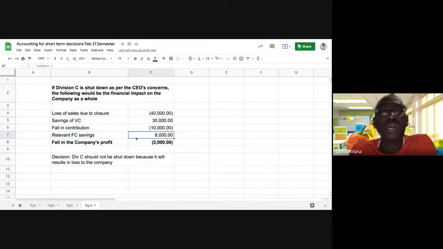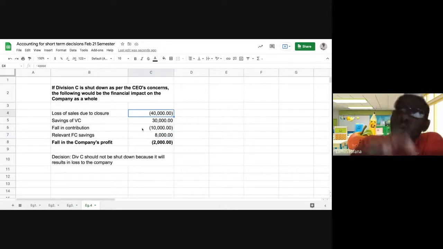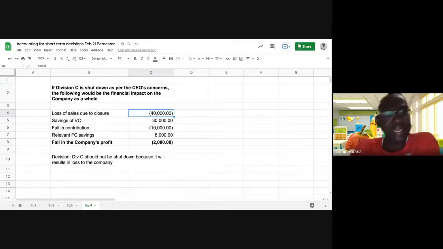So you can look at it this way. If we shut down division C, we are going to make 38,000 cost savings. That's 30 plus 8. We are going to make 38,000 cost savings, but we are going to lose 40,000. So we are going to lose more than we are going to gain.